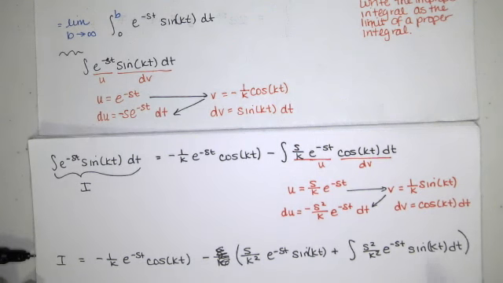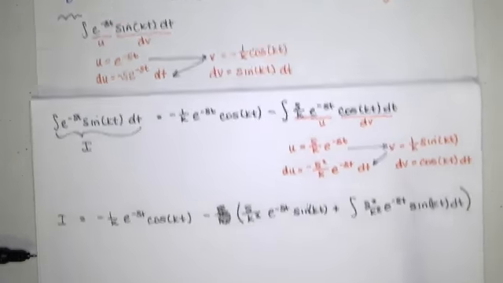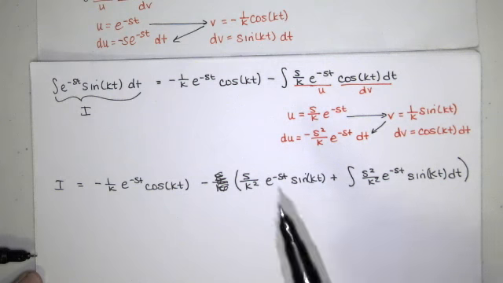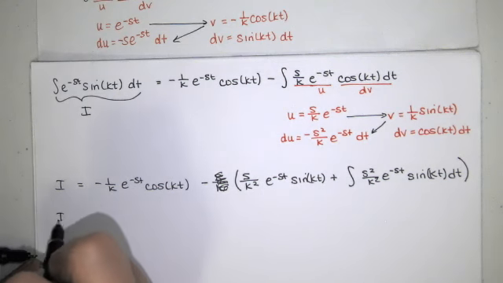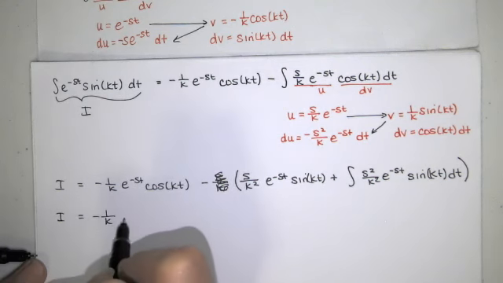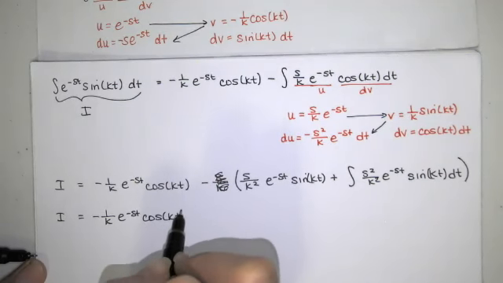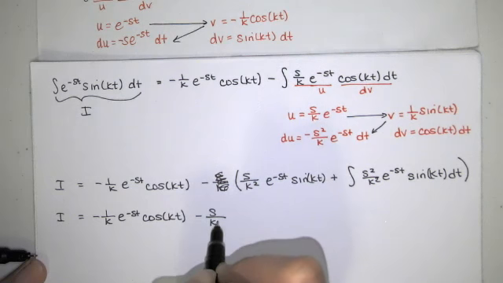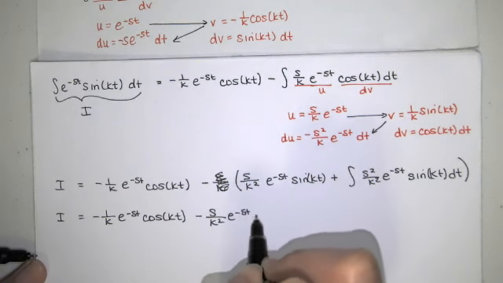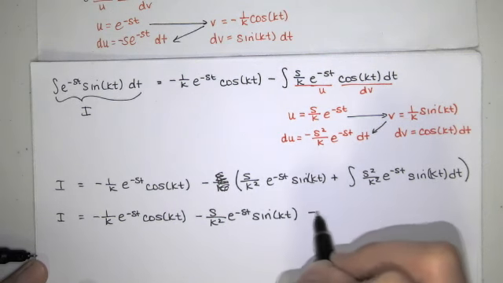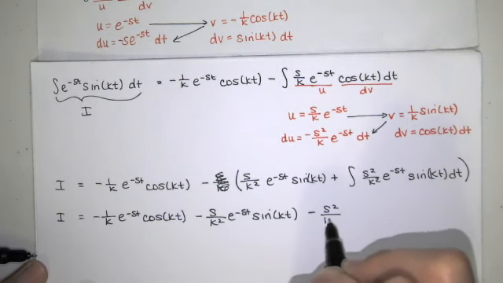You end up with the same integral on both sides. You had this integral I on this side, and you end up with the same integral over here. I think I will distribute the negative and factor out that s over k squared, or s squared over k squared.